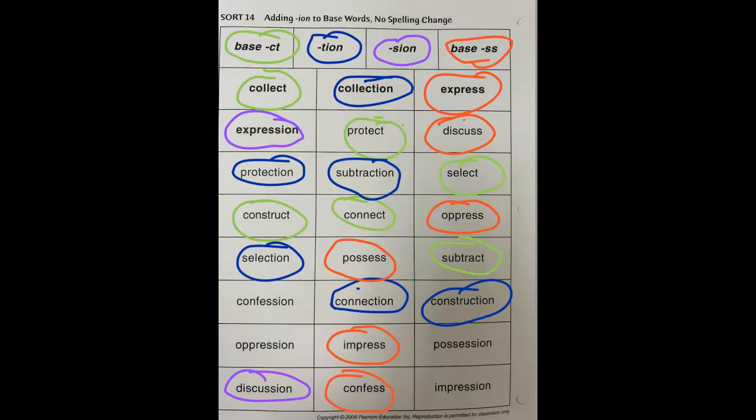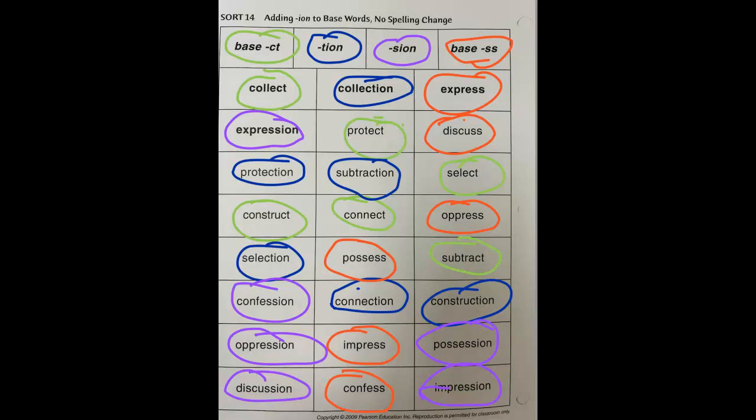You went from oppress to oppression. Possess to that's my possession. Impress, we have impression. And confess to confession. So your ending changes how you say the word to a sh sound.